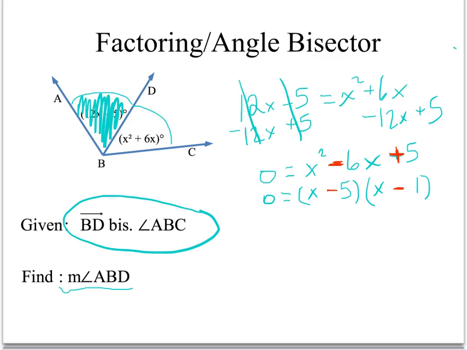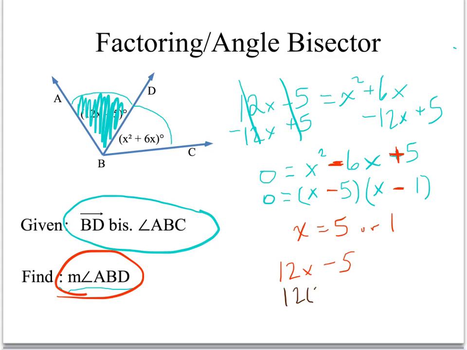So since 0 is equal to x minus 5 times the quantity x minus 1, we know that x equals 5 or x equals 1. Now when we plug that back in to our angle ABD, which is what we are being asked, we are going to take 12x minus 5 and figure out what that value is. So we're going to take 12 times 5 minus 5, which is 55 degrees.